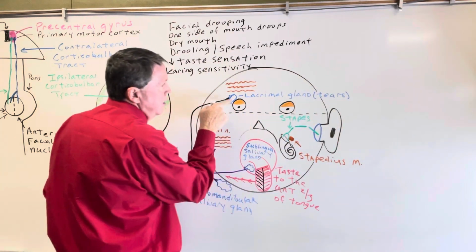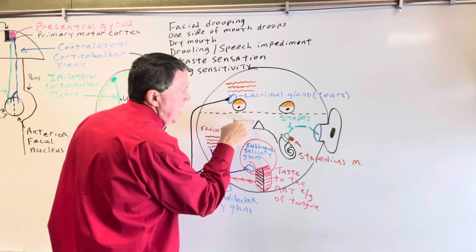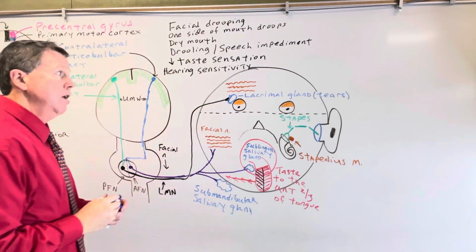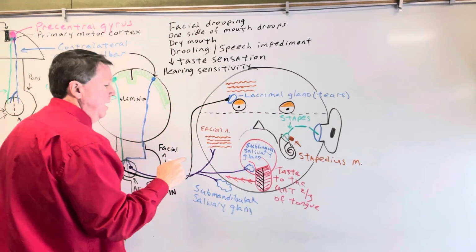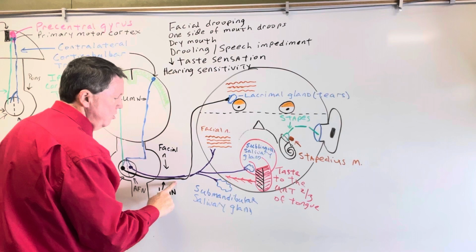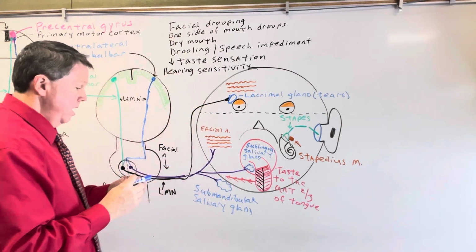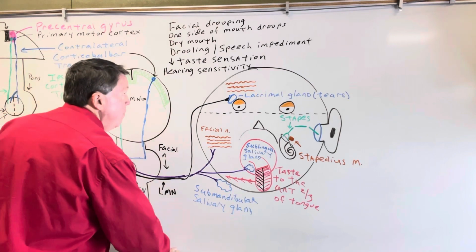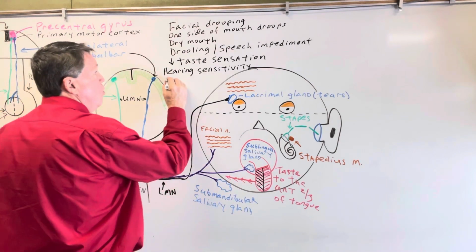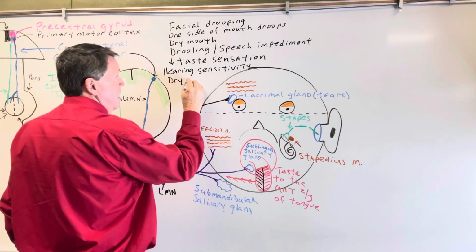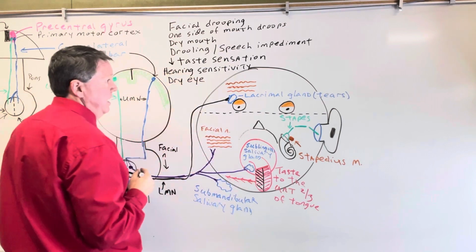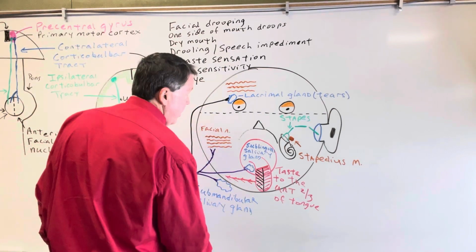The tears actually come down and they keep your eye moist, and then they drain into your nose, right? But in this case, if I have damage to this facial nerve, the lacrimal gland is not going to produce tears, and so people may complain of having a dry eye, right? Eye dryness, because they're not producing enough tears.